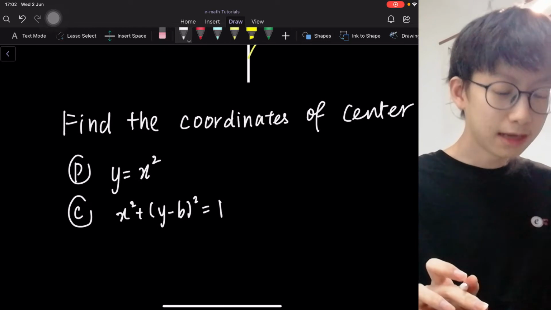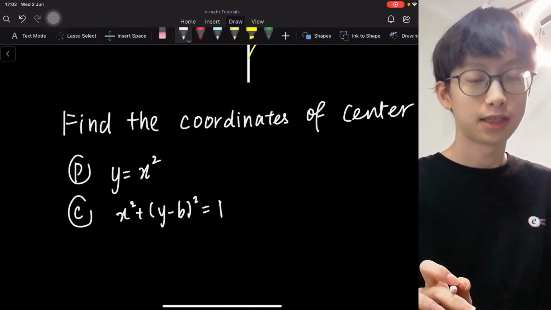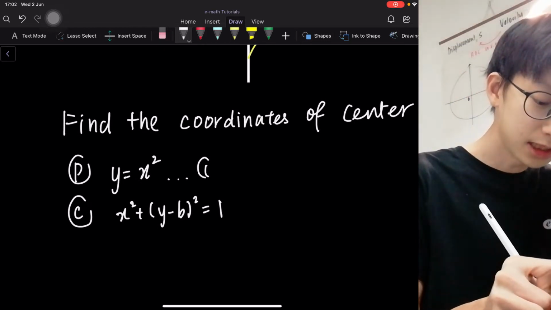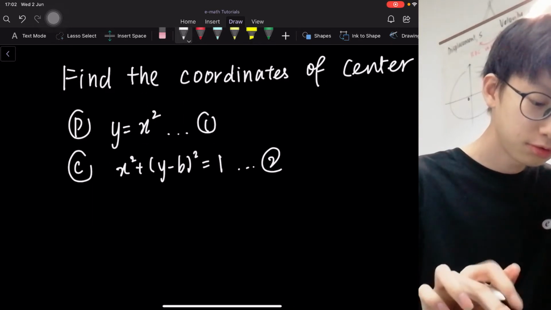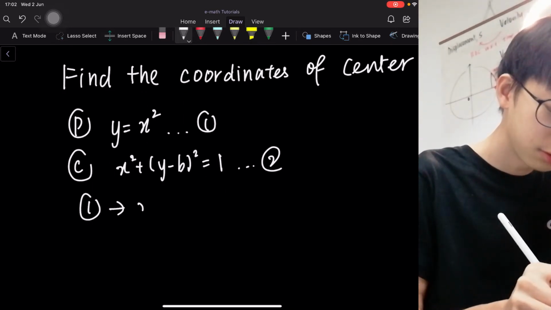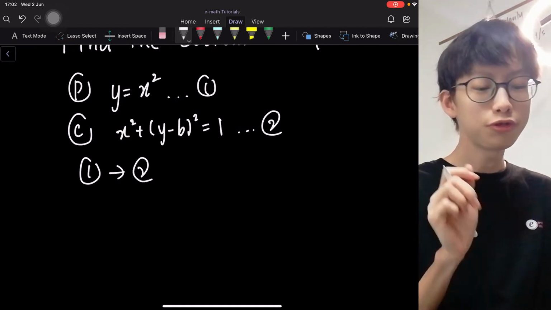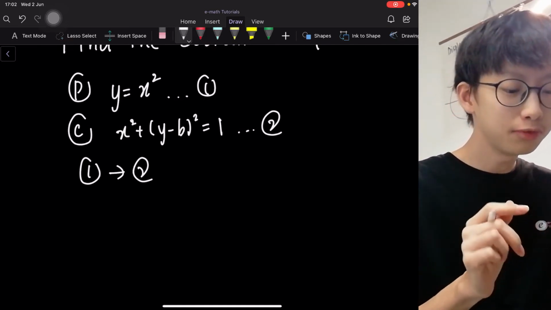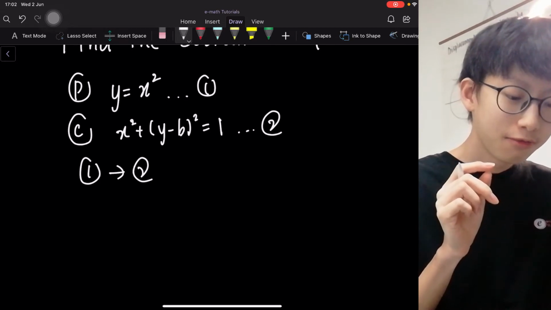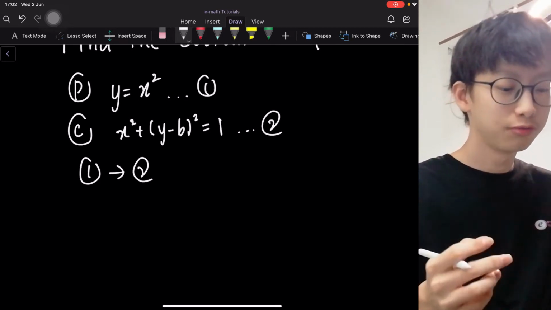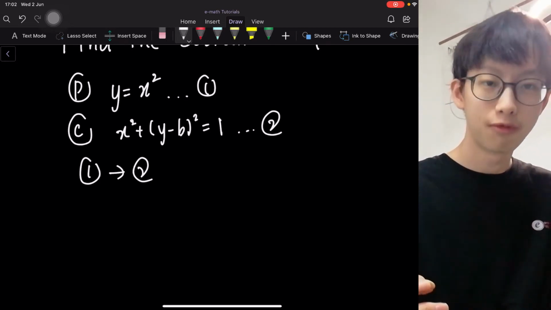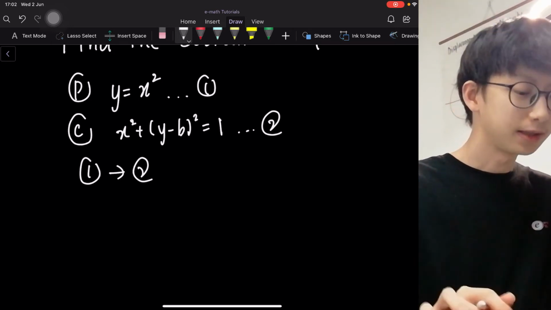So the first thing that we want to do is to find the intersection, which means we let this be equation 1, let this be equation 2, substitute equation 1 into equation 2, we get, okay. Who should we eliminate? Should we substitute y with x squared, or should we substitute x squared with y? Here's the thing.